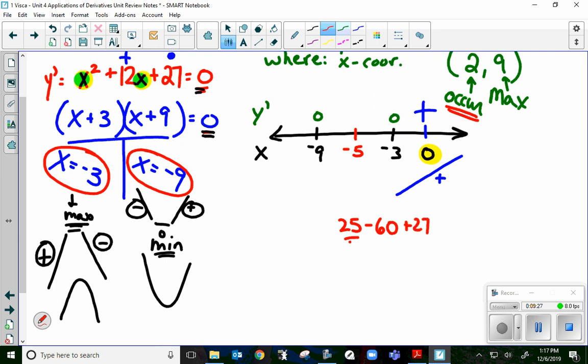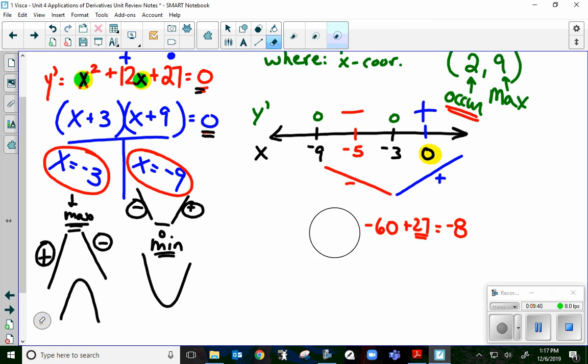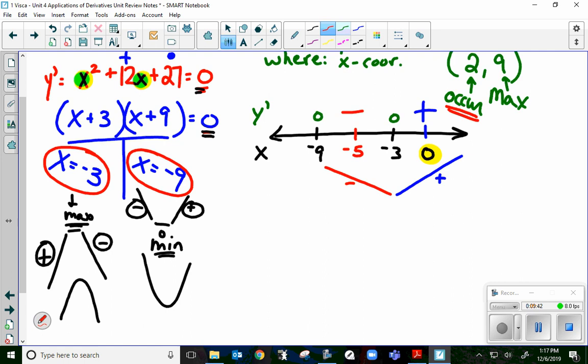Okay, that's 52. If I combine those, minus 60, that's negative 8. So that's a negative value here, which means my slope goes down like this. That's a negative slope. Right here, you can visually tell, it's going down, then up. That's a minimum. I mean, you can see it. It looks like a valley, doesn't it?